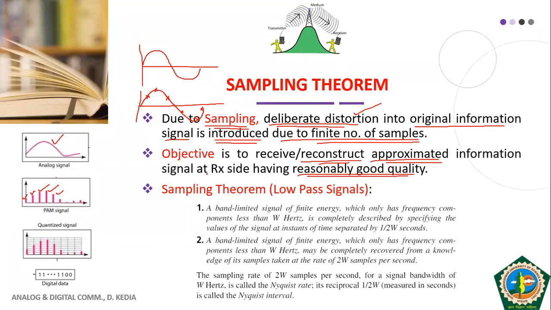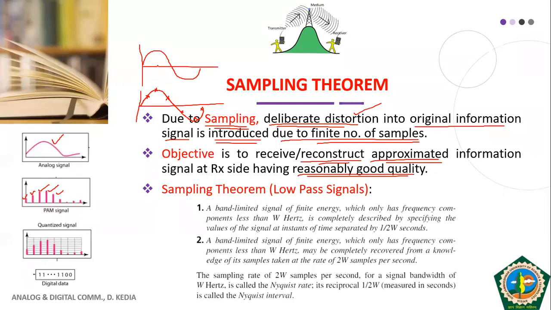Fine. So the number of samples that I take in order to introduce discreteness in time, I'll have to make sure that those number of samples that I have taken, they should be able to give me a fairly good idea about the original shape of the signal.